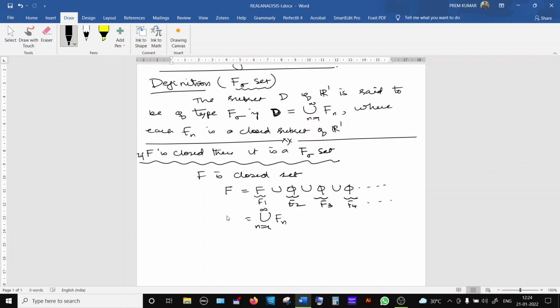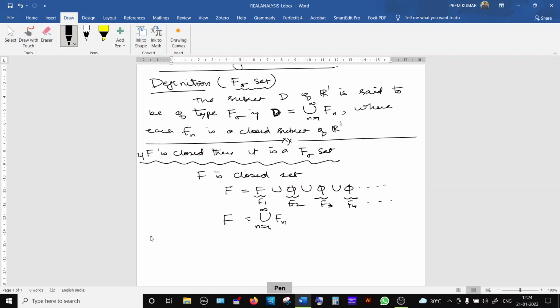So what we can see here is that F can be written of this type, where each of these sets which we union are all closed. If that is the case, then I can say that this is an F sigma set.